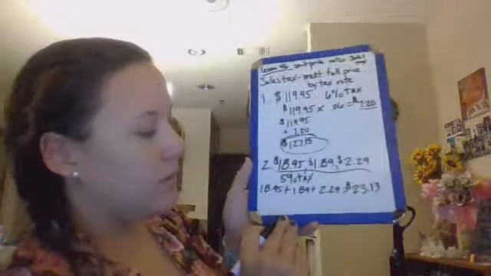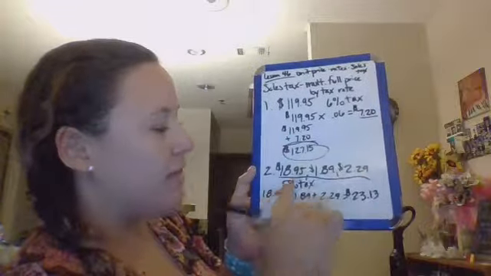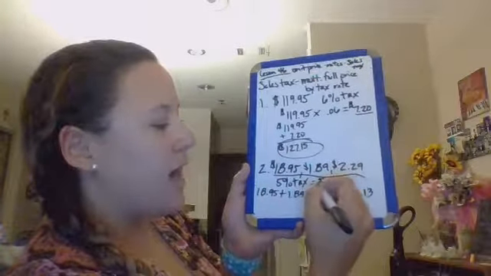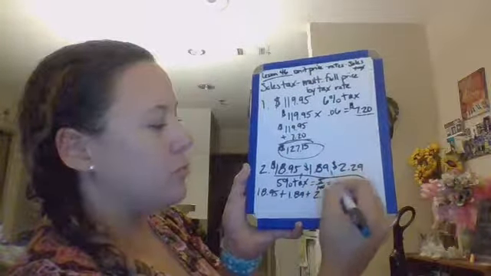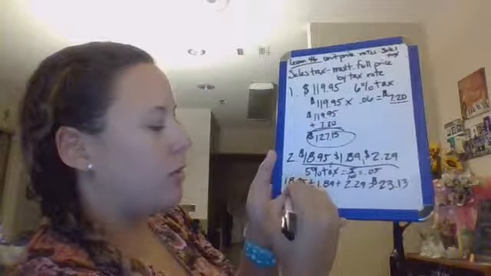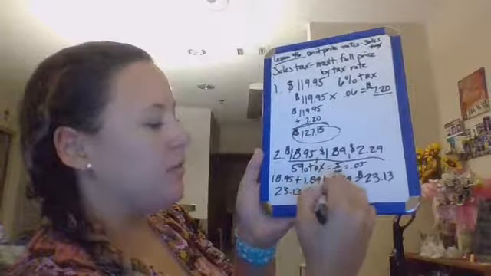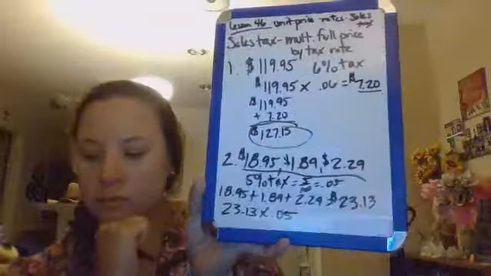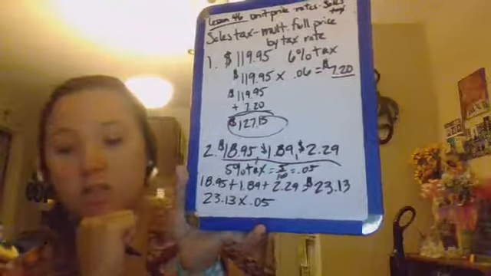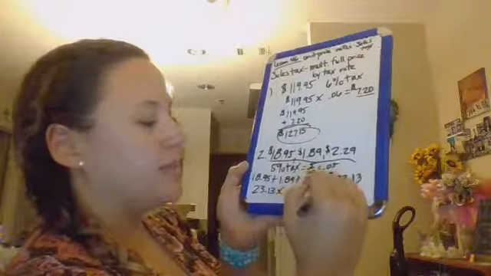Right. And then we need to figure out the tax. So remember, 5% equals 5 over 100, which is equal to 0.05. So we're going to multiply 23.13 times 0.05. And that's going to give us $1.16.